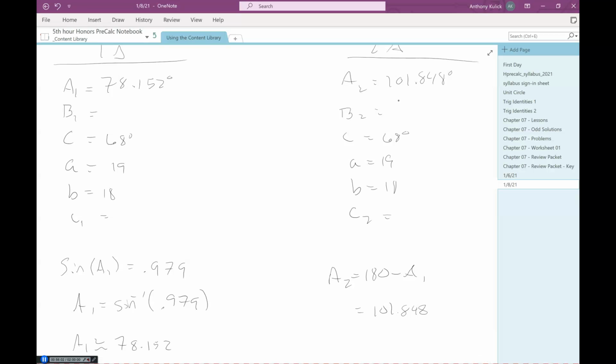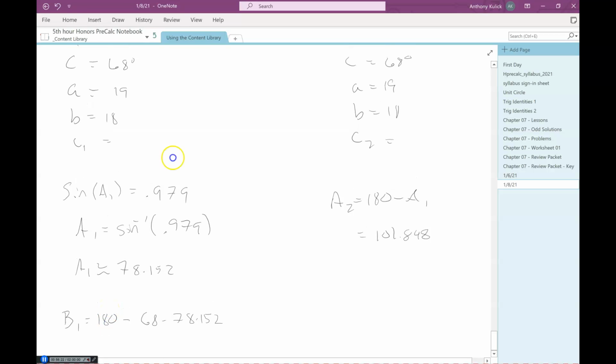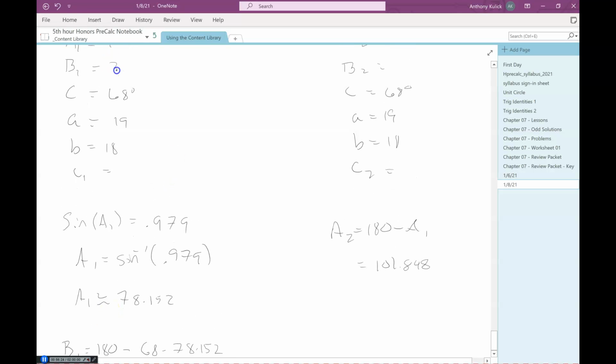Yeah. Okay. Now we can find the angle B's really easily because we know two of the three angles in both situations. So that's 33.848.